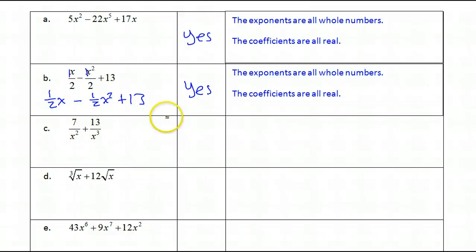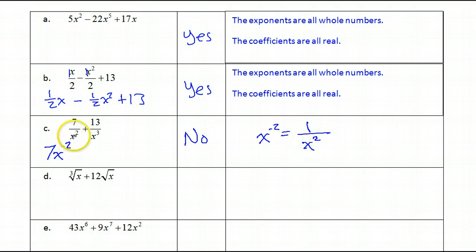Now for C, this is going to be not a polynomial function. And the problem is, you see these variables in the denominator? Well, this would be the same thing as having 7x to the -2 power. Because we know that, for example, x to the -2 power is the same thing as 1 over x squared. So when you see a variable in the denominator, it would be the same thing as bringing it up to the numerator and having a negative power.